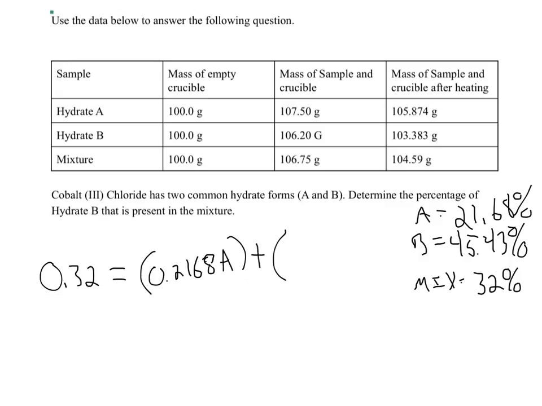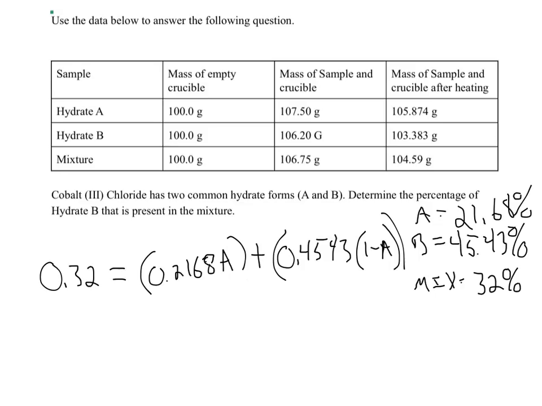And then the rest of the mixture is made up of the hydrate B, which is 45.43% water, and the amount of the mixture that's hydrate B is 1 minus A, because A and B have to add up to 100% of the mixture, because we're assuming those are the only two things here.